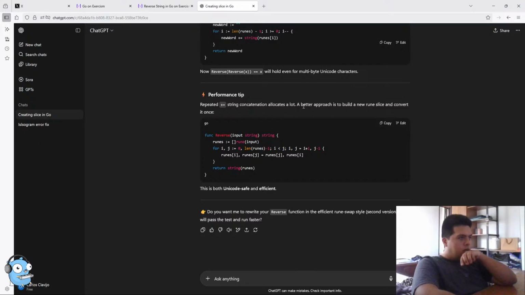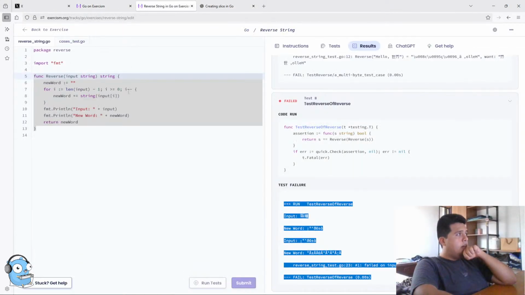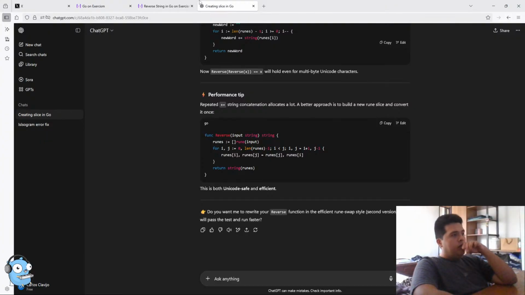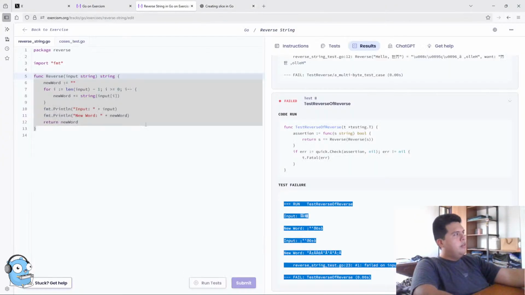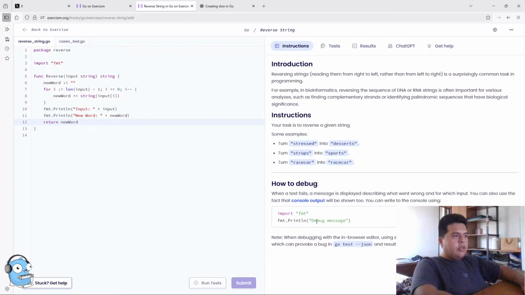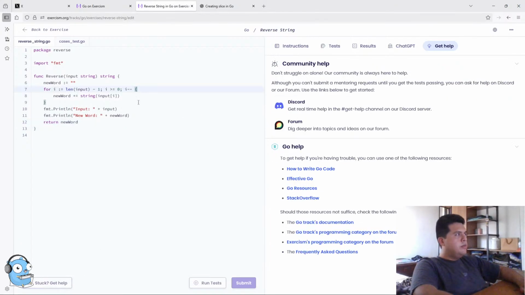String performance tip. Okay, a rune I need to use. Okay, maybe runes. There are tools to help. Okay, runes.